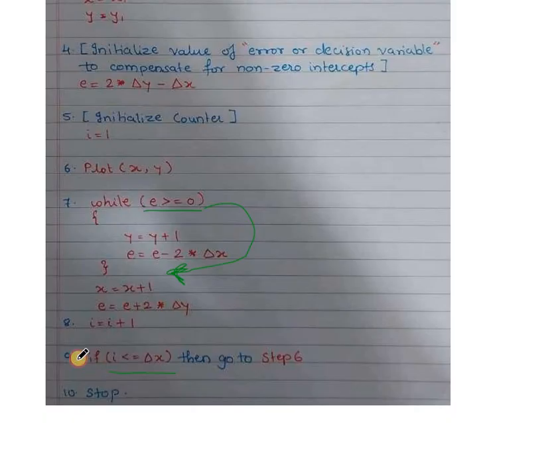If this condition is true, you go up, plot x comma y, and this entire thing continues from step number 9 to step number 6. Everything is repeated again and again till this condition is true. Once this condition goes false, we stop drawing the line. So this was about Bresenham's line drawing algorithm.